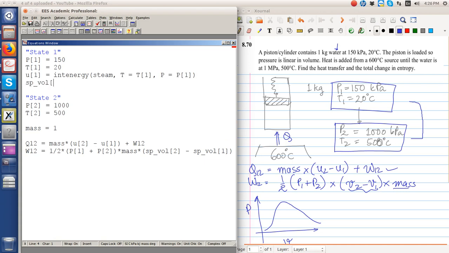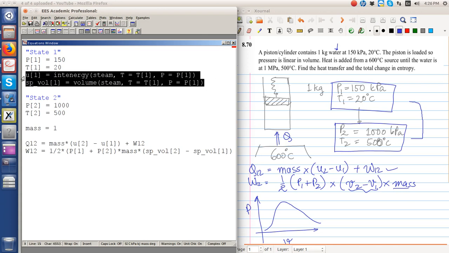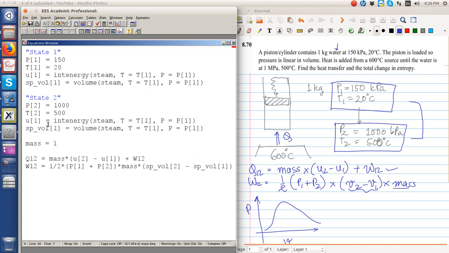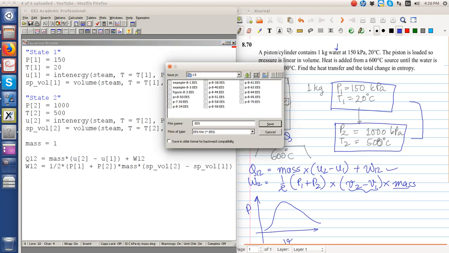Similarly, specific volume 1 is equal to volume. We just copy the state. Okay, good. Do the same for this. Okay, there we go.